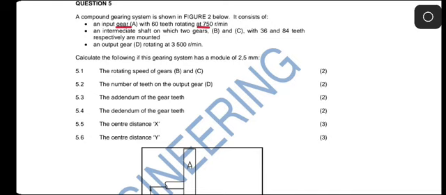Since they are mounted together, they will have the same rotation, the same speed. An output gear D rotates at 3500 revolutions per minute. Calculate the following if this gearing system has a module of 2.5 millimeters. 5.1 says determine the rotating speed of gears B and C.